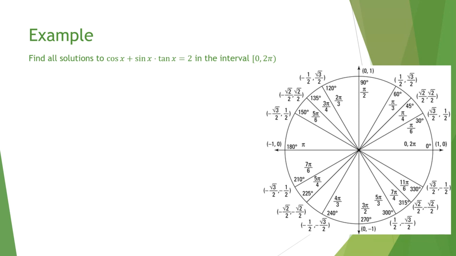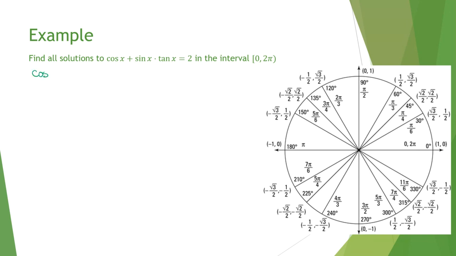So we've got a cosine, sine, and tangent, and something equal to 2. So if I see things with sine, cosine, and tangent, I like to use the identity that tangent is sine over cosine. So I will rewrite tangent as sine over the cosine and then see where that takes me.